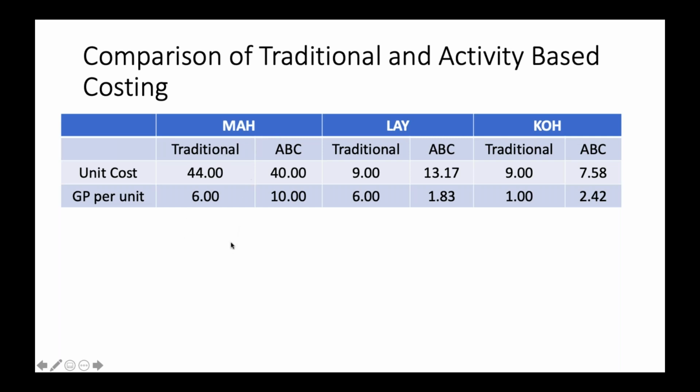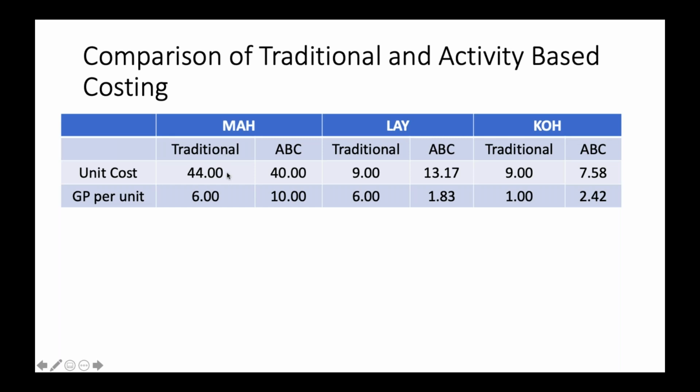So for Ma, originally the unit cost is 44, but using ABC, the true cost is only 40 pesos. And the GP per unit, originally using traditional, is 6 pesos, but it provides 10 pesos simply because the true cost is lesser using ABC costing than traditional.